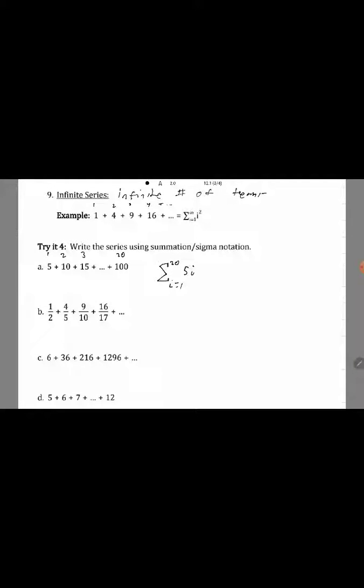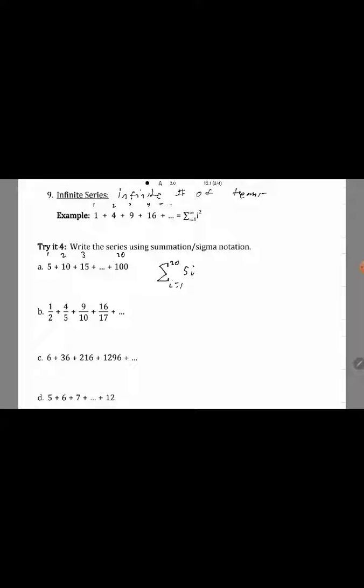So I plug 1 in, get 5. Plug 2 in, get 10. Keep this process going until the 20th, and then add all those numbers together. But right now we're just writing notation. We're not actually adding anything up yet.